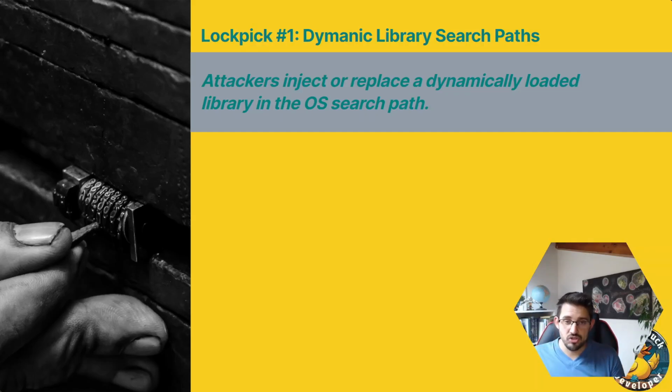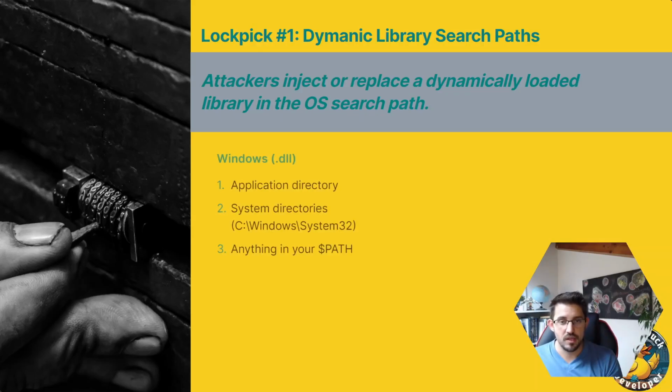When your application starts, your operating system will look for specific DLLs that you load in the code in specific directories or specific places. On Windows, there's a basically hard-coded order for how that works. Windows will first search in the application directory where your application is located, so where you have your exe file.